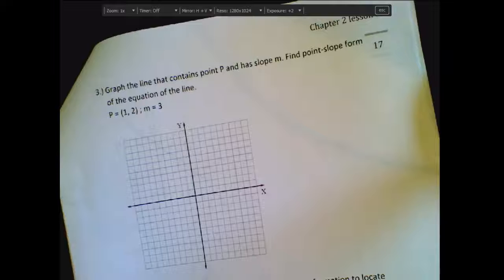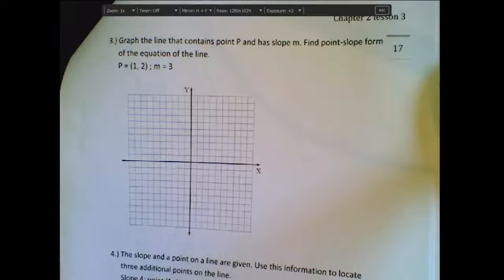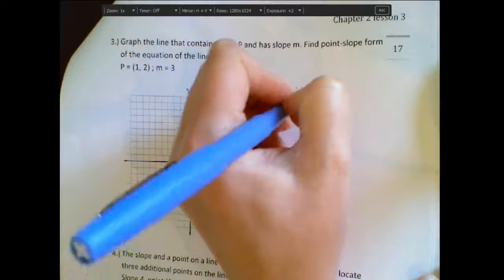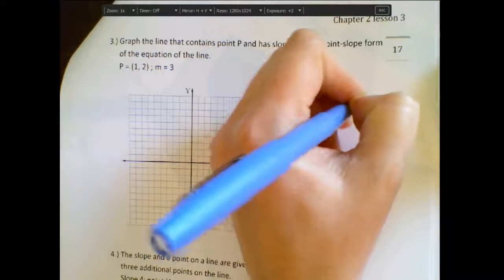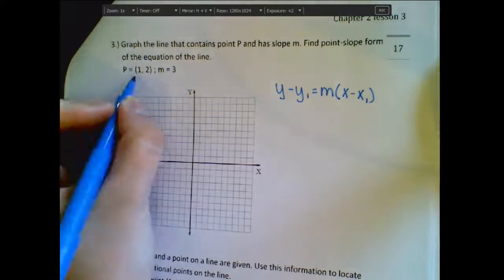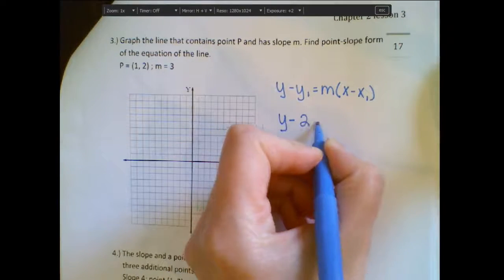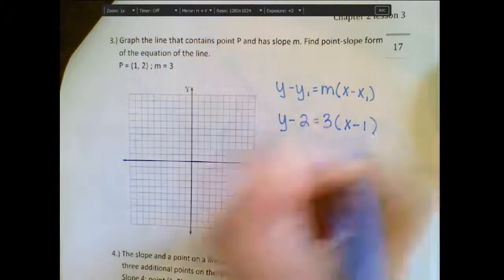Graph the line that contains point P and has a slope of m. Find the equation. Point-slope form is y minus y1 equals m times x minus x1. They give us our x and our y and our slope, so y minus 2 equals 3 times x minus 1.